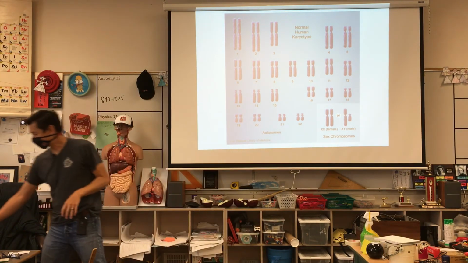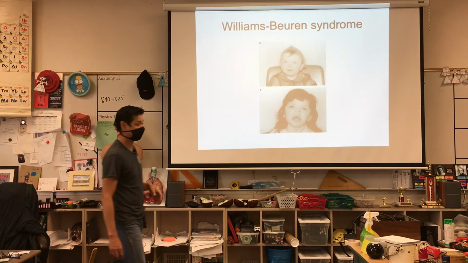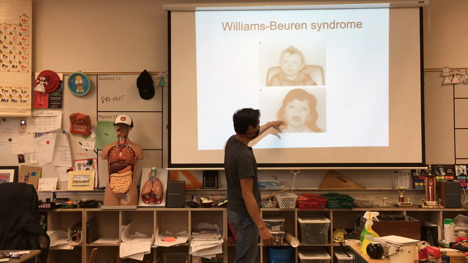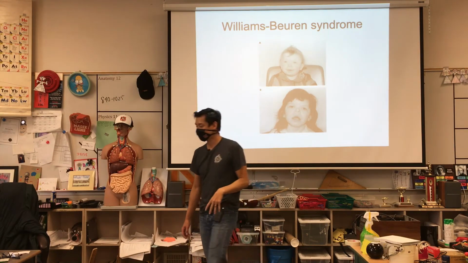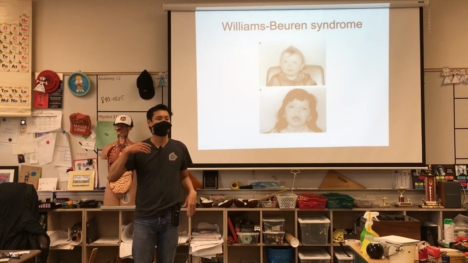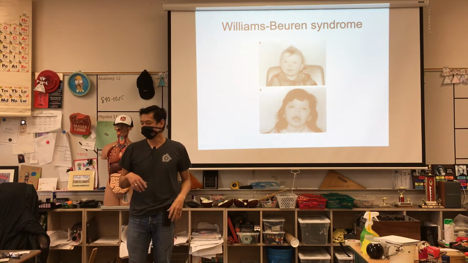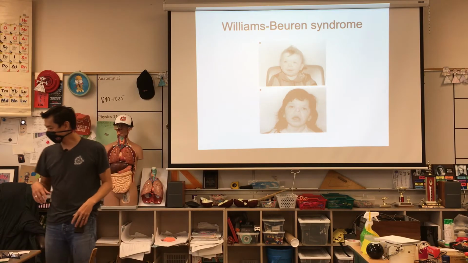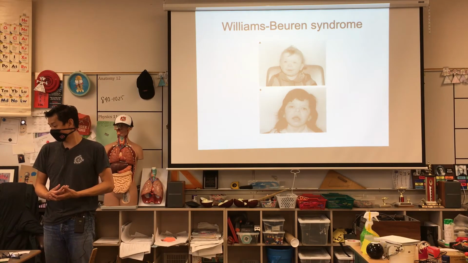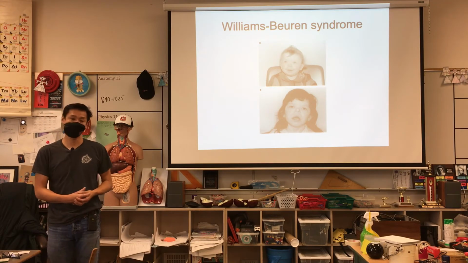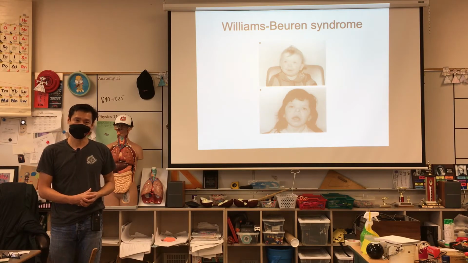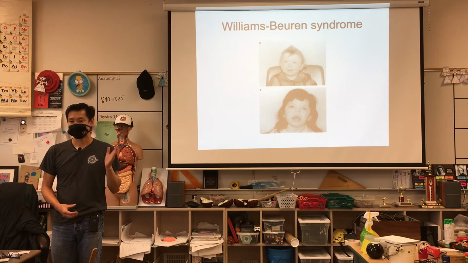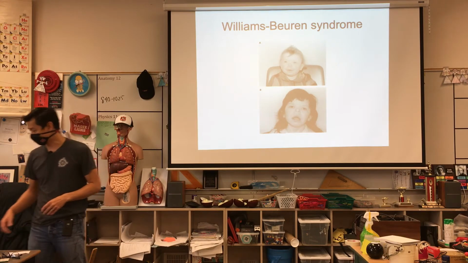And you can see there's some characteristic physical attributes: elfin appearance, low set ears, short stature, upturned nose. These disorders usually bring on a cheerful demeanor again, very friendly, don't know where boundaries are, physical and cognitive delay as well.